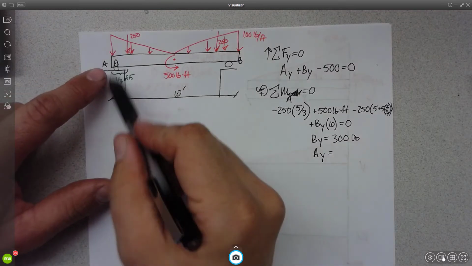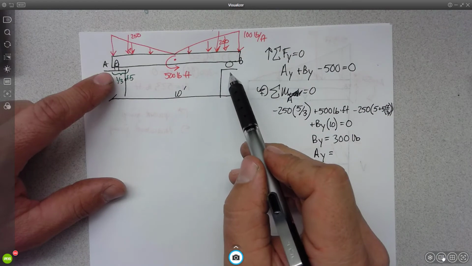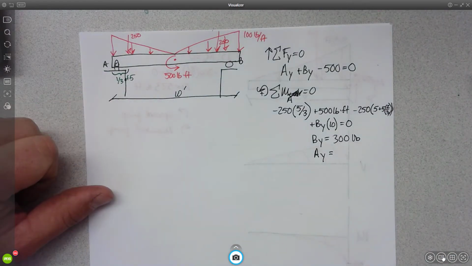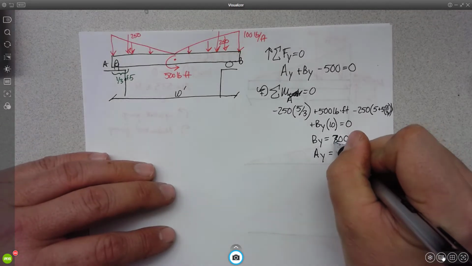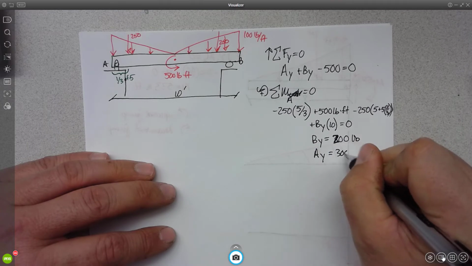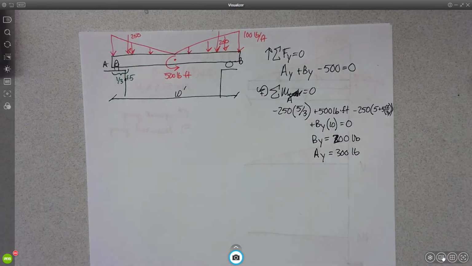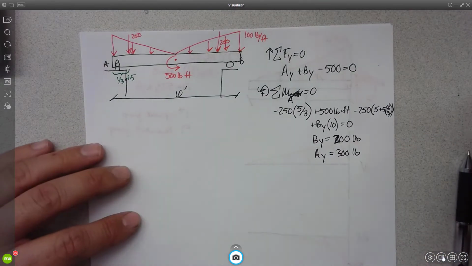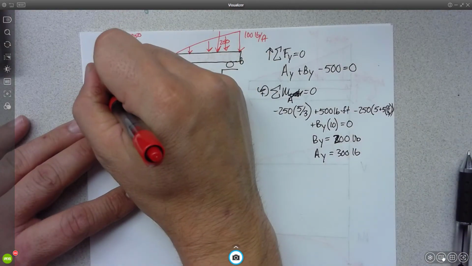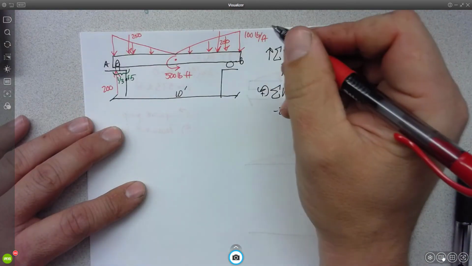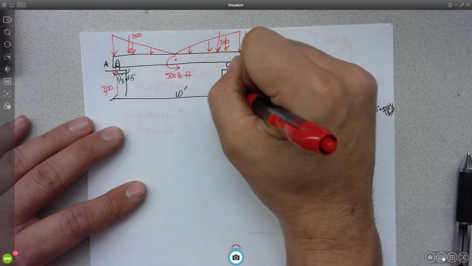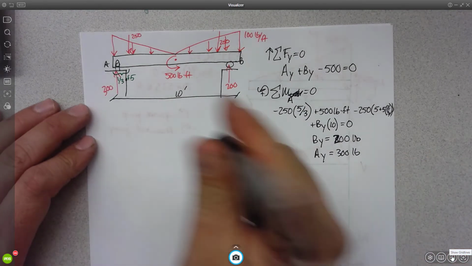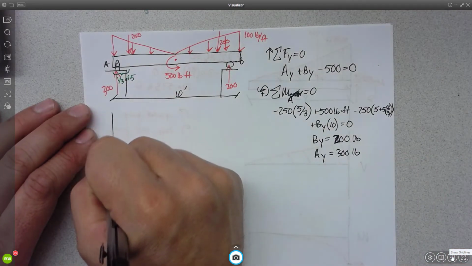Because if we think about it, AY should be greater than BY, because the load is pushing down on it. You got 200 for BY? Yeah. That I can believe. Okay, so 200 and 300. 300 there, 200 here.